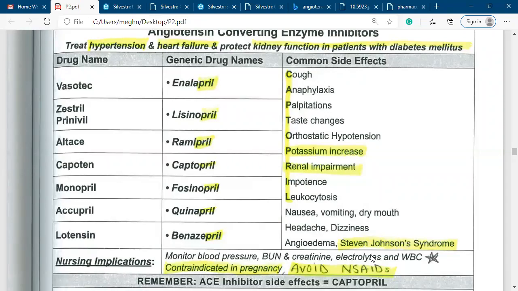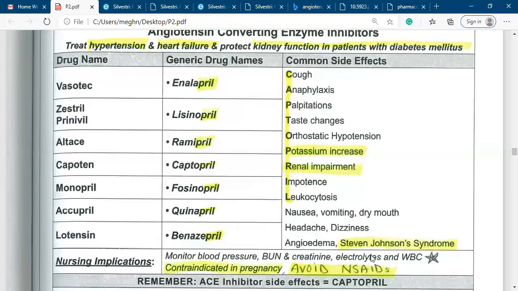For example, angiotensin inhibitors like enalapril, lisinopril, ramipril, captopril can reduce the effect of aldosterone, and aldosterone leads to a decrease in sodium and water retention. At the same time, it increases potassium retention. So sodium and potassium are electrolytes.